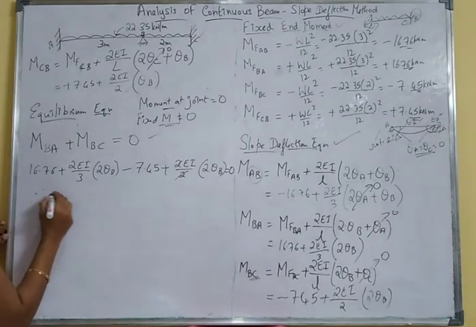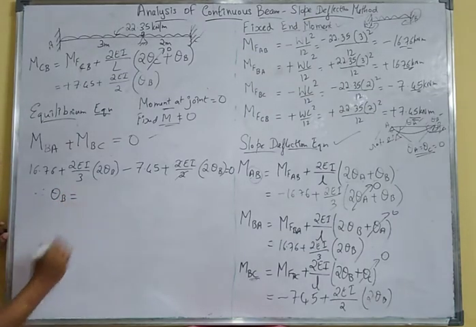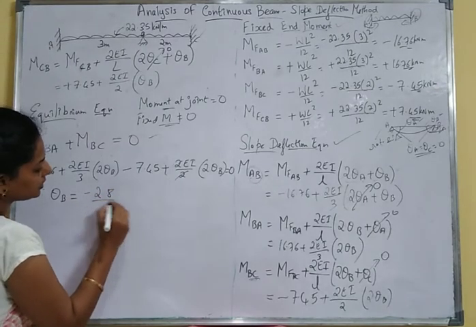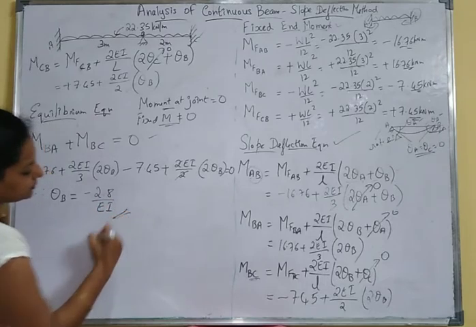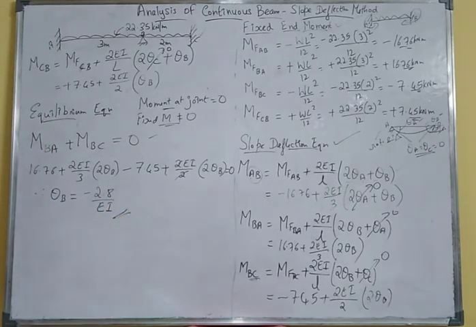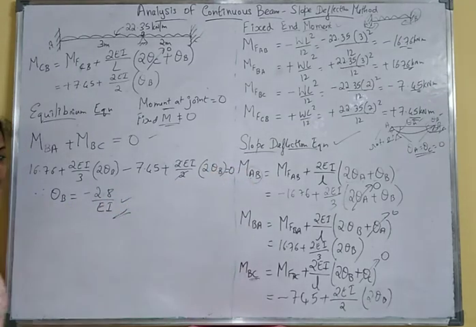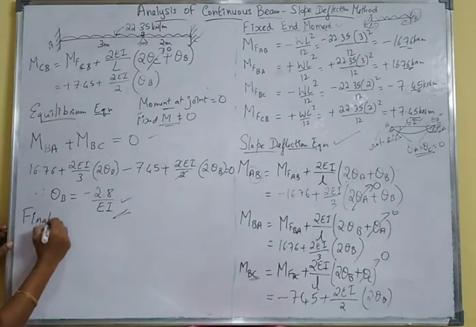Simplify and get the value of theta. You will have theta B as minus 2.8 by EI. Once this is known, you will substitute this theta B in all the slope deflection equations and get the final moment. So the last step is the final moment.